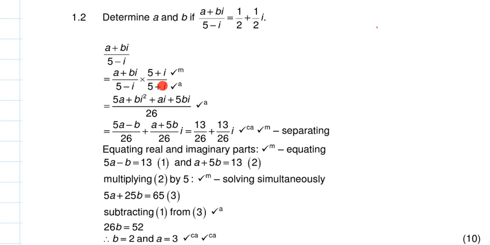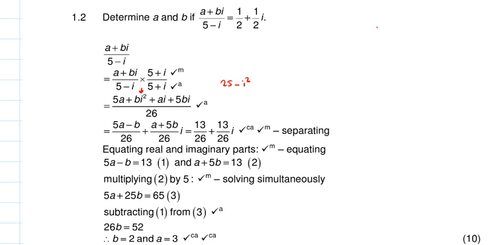The denominator will become 5 minus i times 5 plus i. That will be 25 minus i squared. That's how we got 26. You see, 25 minus i squared will be 26, because instead of i squared we will write -1.